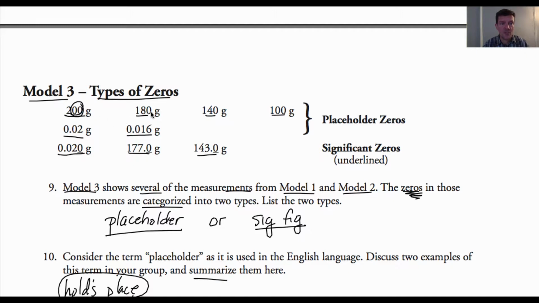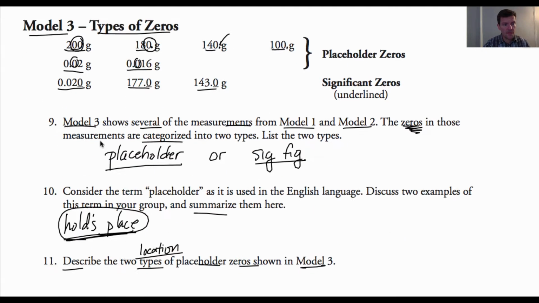It's not written here, but you guys should know that the decimal point is always located here at the end of the number if there's no decimal point. We don't have to write it there though. So these zeros are all at the end of the number and to the left or before the decimal point. Or we have zeros that are after the decimal point. So these are going to be on the right of the decimal point, and those are the two types of zeros that you're going to see, and we have to determine whether they're significant or not.